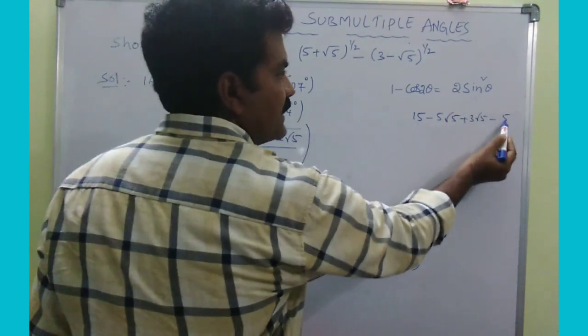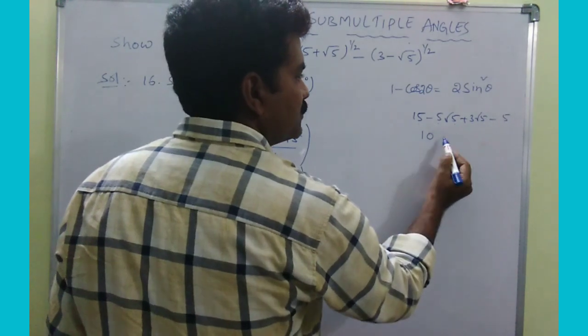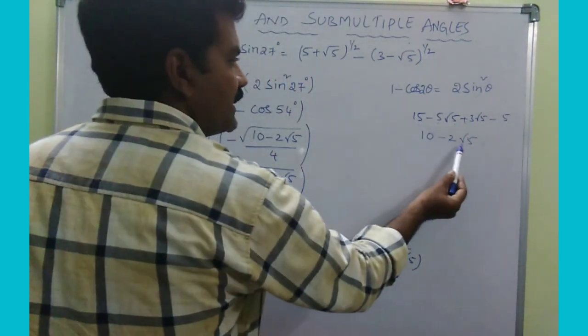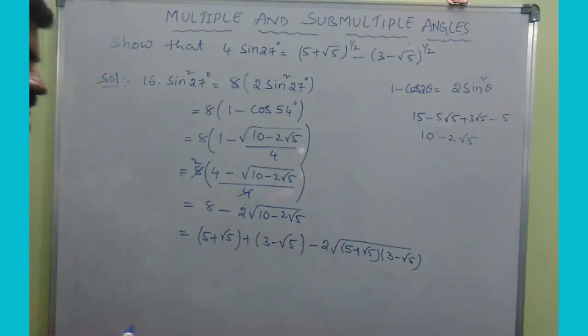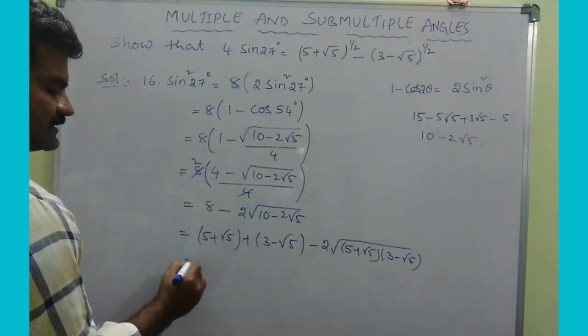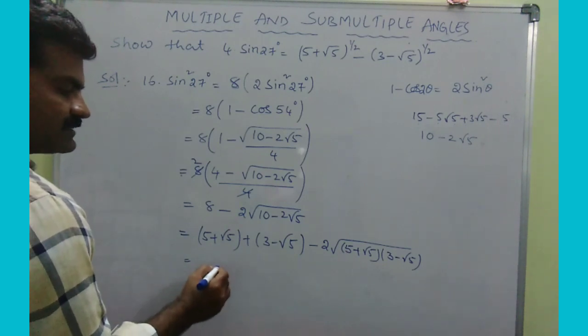So 15 minus 5, which is 10, and minus 5 root 5 plus 3 root 5, which is equals to minus 2 root 5. So in the place of 10 minus 2 root 5, I can write the product of these two functions. Okay, so now coming to the next step.